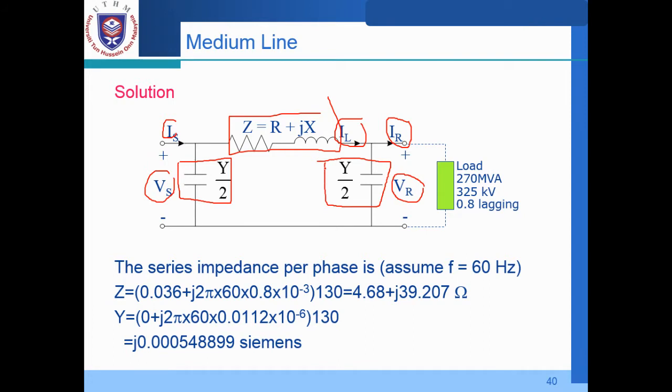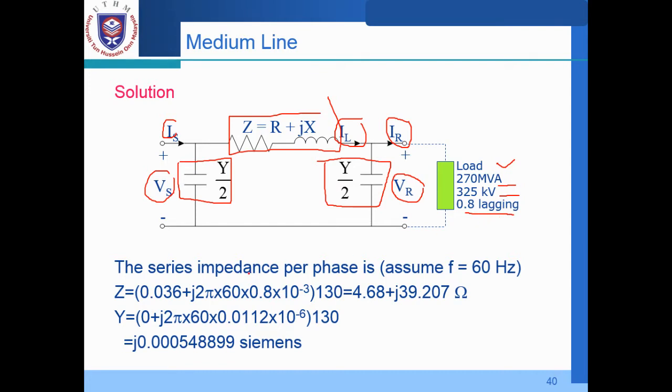And this is the load information. We have 270 MVA apparent power, at the line to line full load voltage and the power factor of 0.8 lagging.